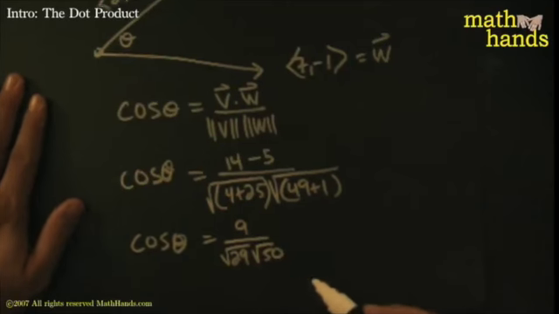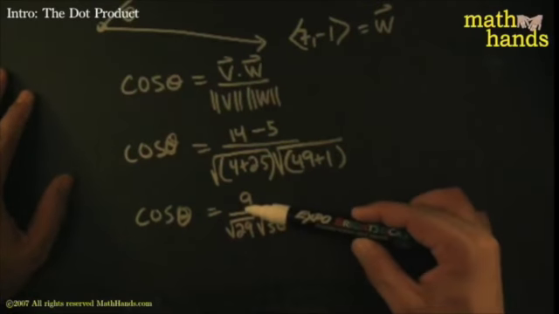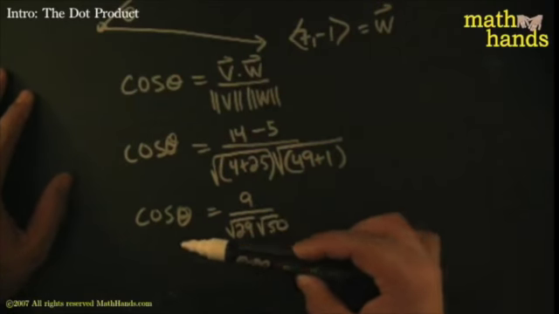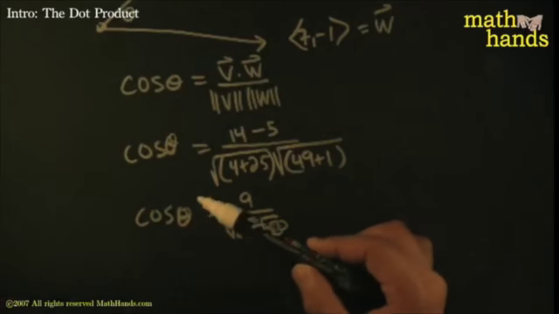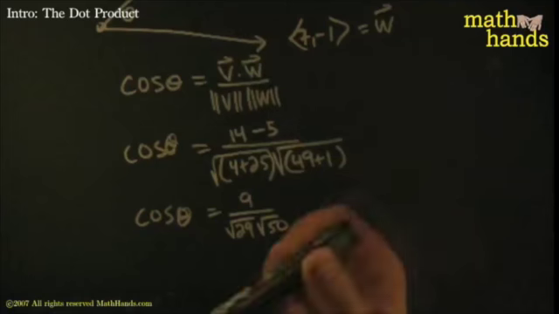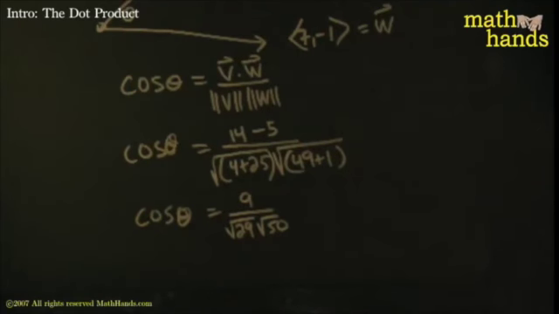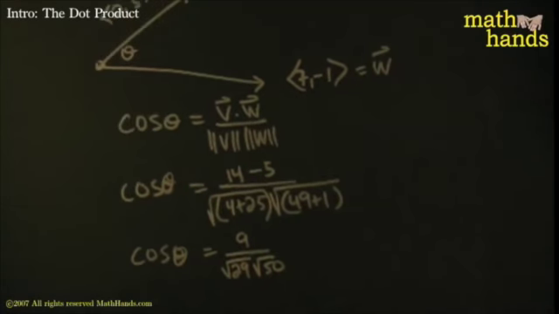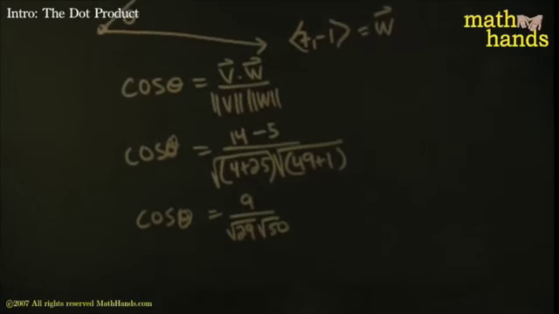Let me explain that with an example. Suppose you have a vector here. Say this vector is 2, 5. Suppose you have this other vector here. Suppose this is 7, negative 1. And suppose you wanted to find the angle between them.